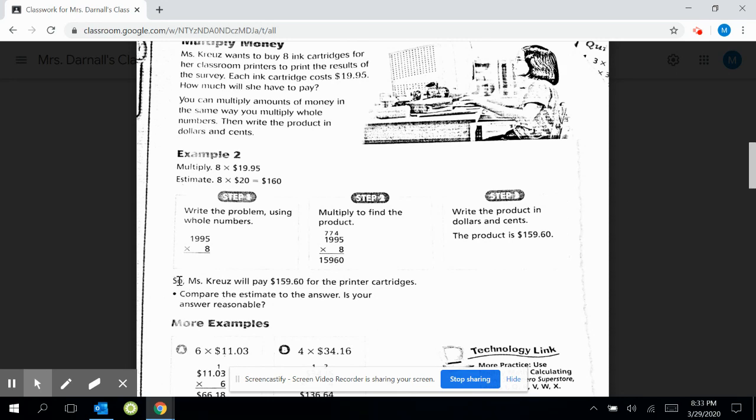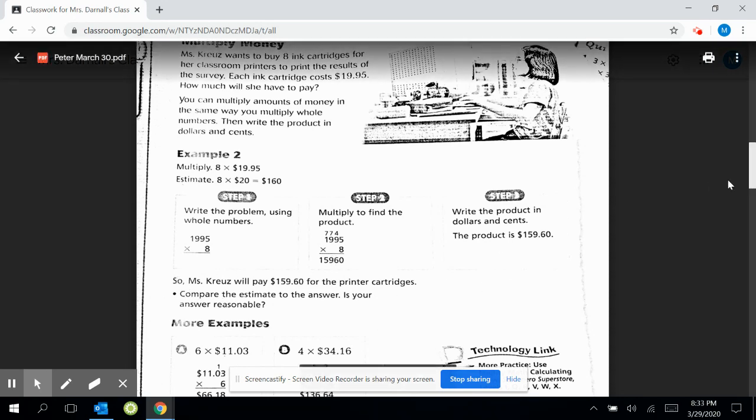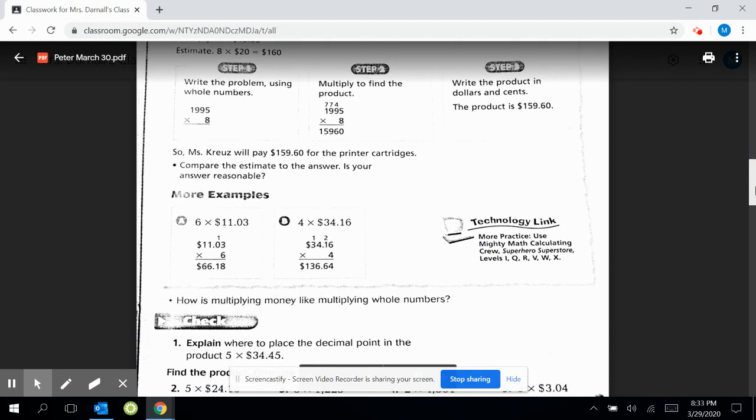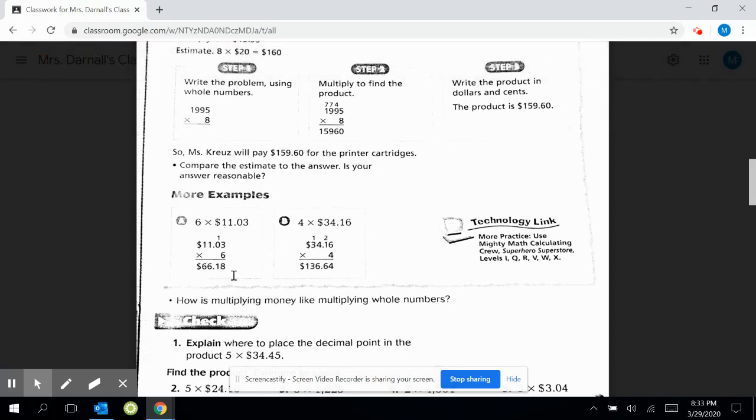All right? And so that kind of tells you how to do this one here. Another way that you could do it here, I don't see that they took the decimal point out, and you don't have to. One way is to take it out and put it in at the end, and the other way is to bring it straight down.